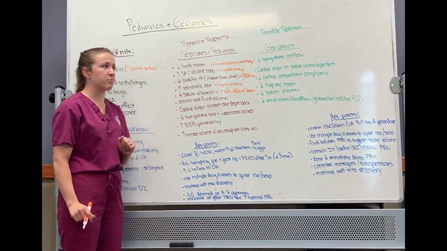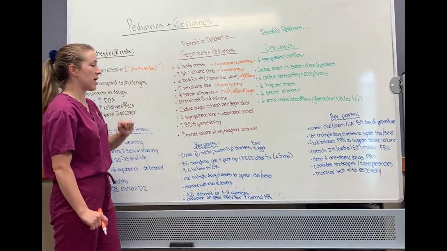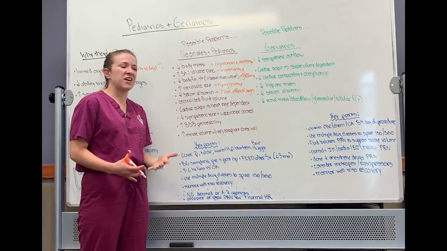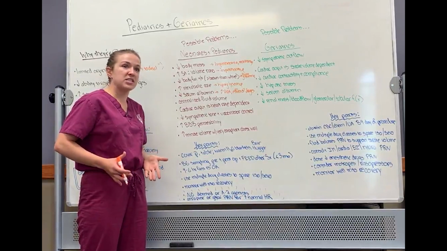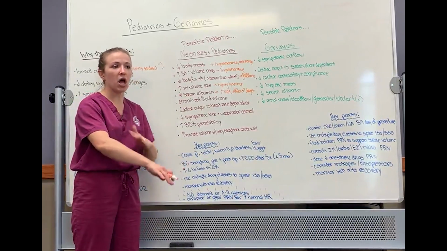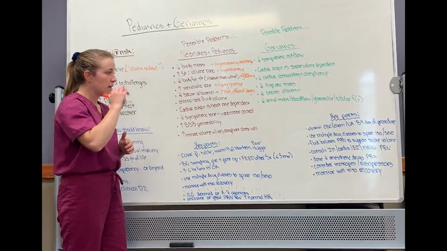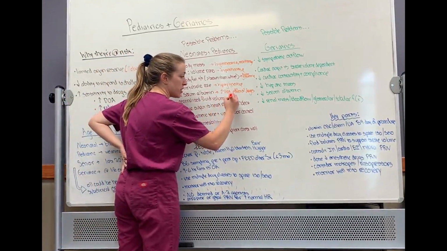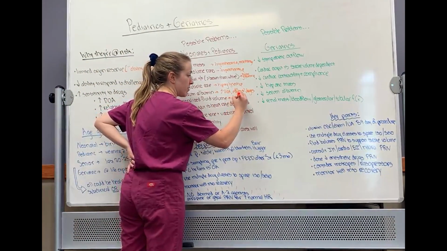Centralized fluid volume. We talked a little bit about this up here, right? Centralized fluid means the fluid in their vessels tends to stay in their guts, in their organs, and not a whole lot on the periphery. Basically what this means is that these animals are more prone to becoming dehydrated.